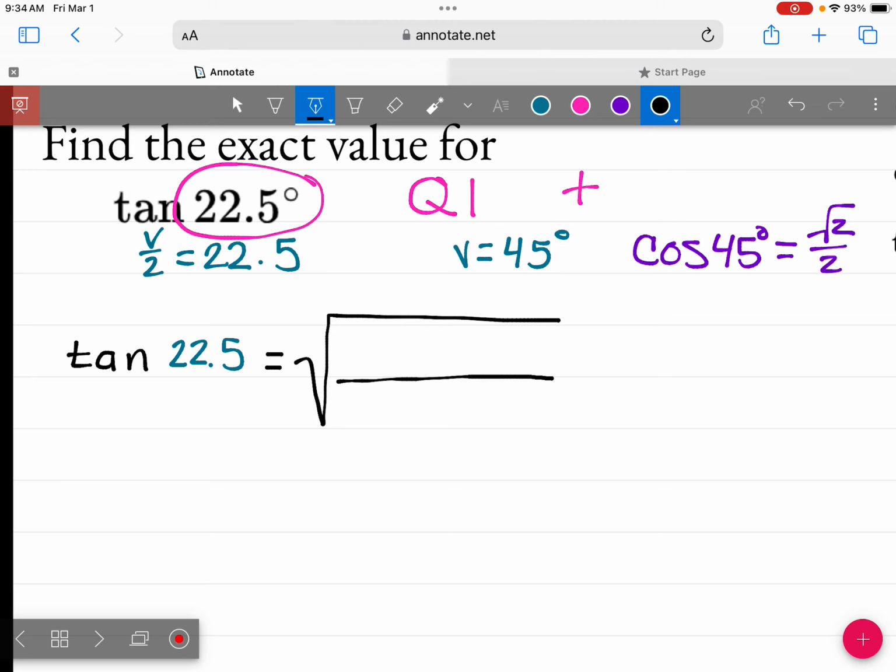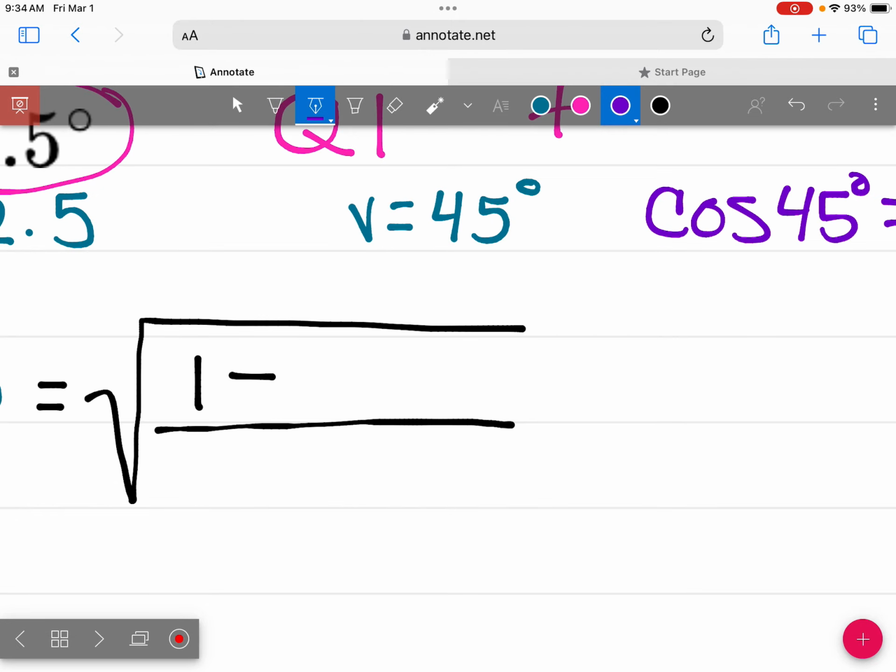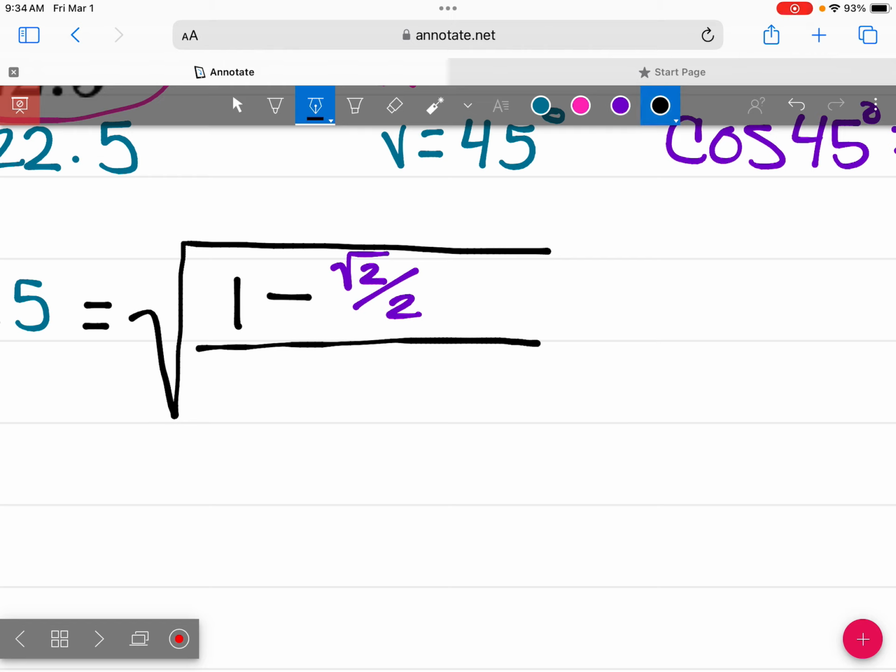So I'm going to have my 1 minus my cosine, which is square root of 2 over 2. And we're going to have our 1 plus our cosine, which is square root of 2 over 2.